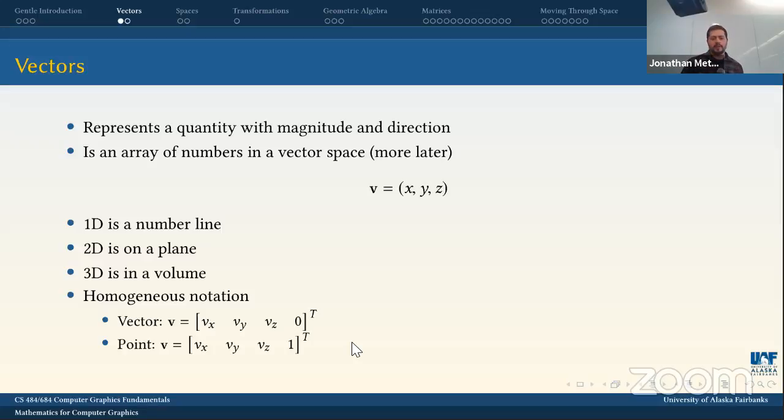The projection part is, if we wanted to go from 4 dimensions to 3 dimensions, it works the same way as going from 3 dimensions to 2 dimensions. We divide by that last component. For a vector, you don't divide by 0, so that concept doesn't really represent it there. But a point does, because if you divide by 1, you still get your original point out. So there's a difference there.